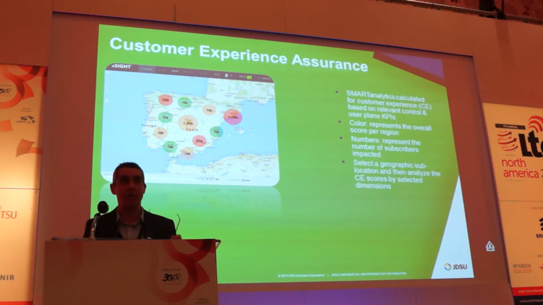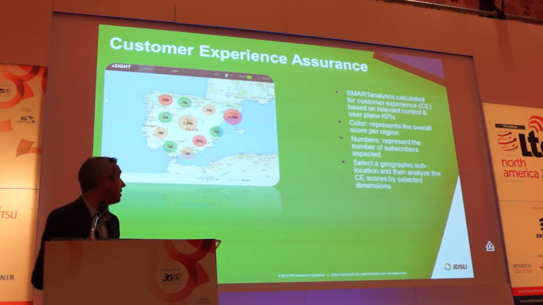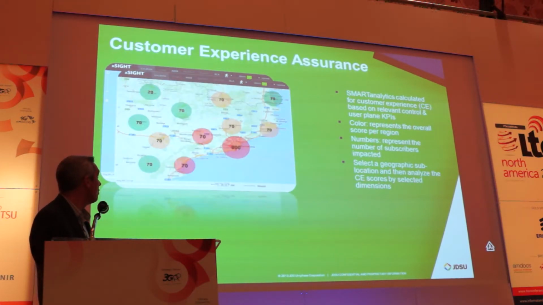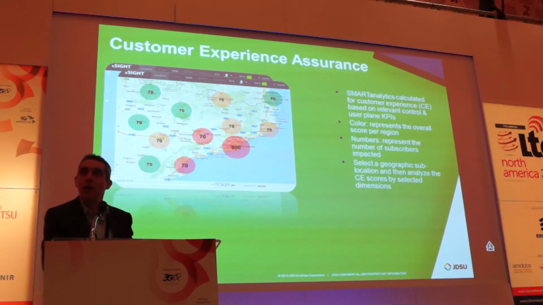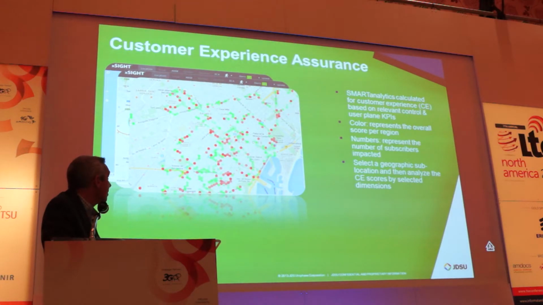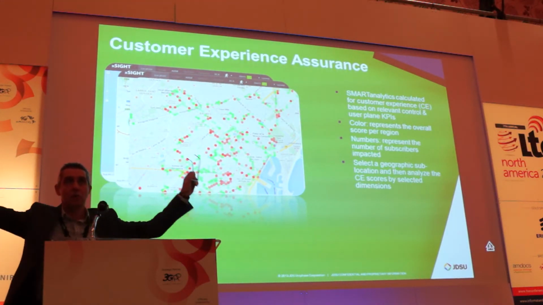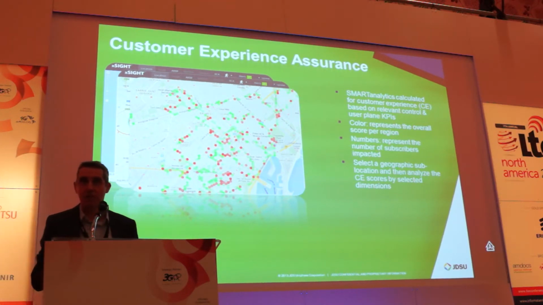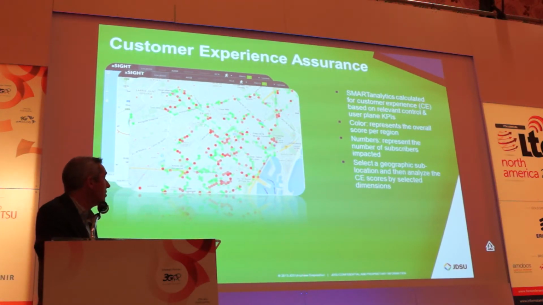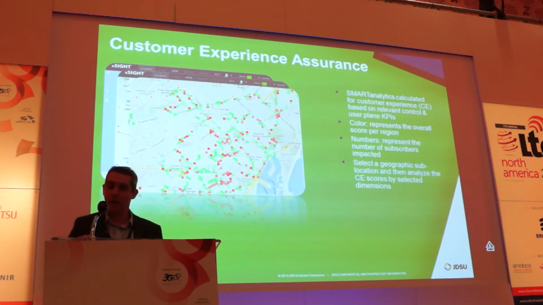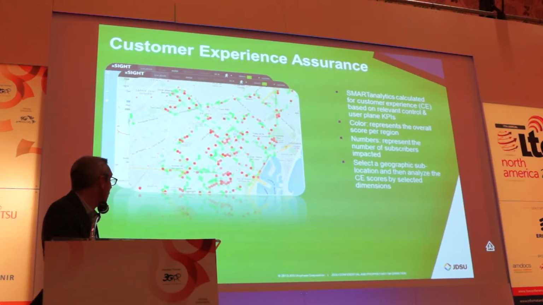So big red circles, not good. And you want to geolocate that information and drill down into the details. So actually get specific, because now of course when you're in the small cell environment, knowing what's happening at macro level is not good enough, right? So you need to get down to geographic locations and analyse that customer experience score at that close level.